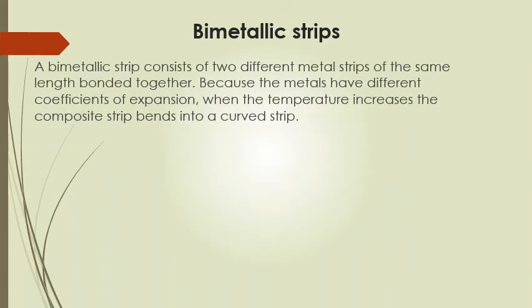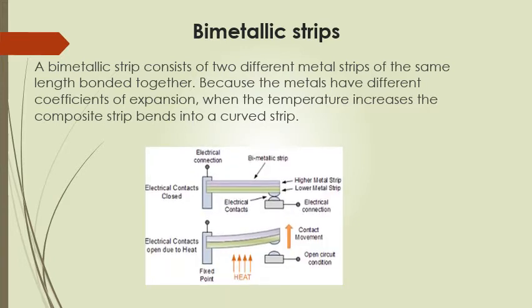Bimetallic strip. A bimetallic strip consists of two different metal strips of the same length bonded together. Because metals have different coefficients of expansion, when the temperature increases, the composite strip bends into a curved strip.